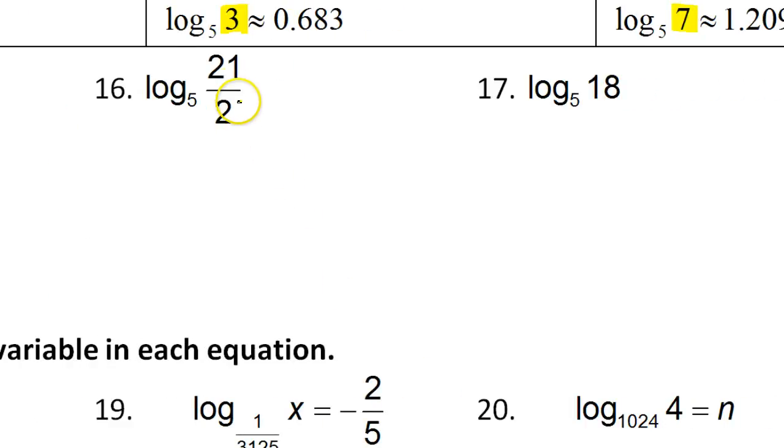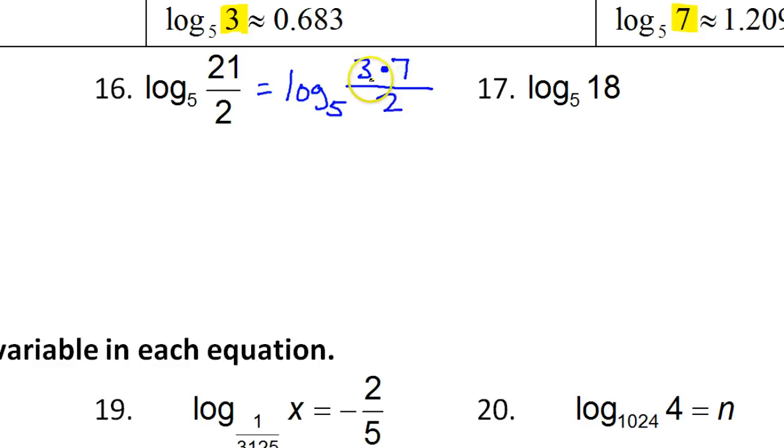Alright, number 16. Now, we're allowed to use 2s and 3s and 7s. So the 2 is good. And now the 21 is 3 times 7. So in other words, this is the same thing as having log base 5 of 3 times 7 over 2. Remember how we did the last problem.